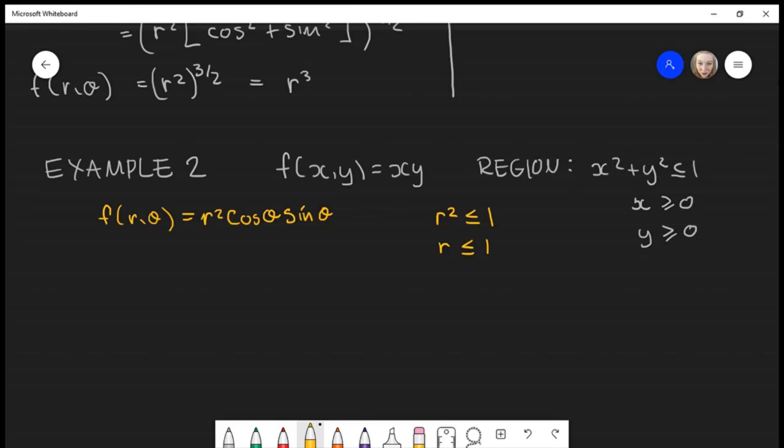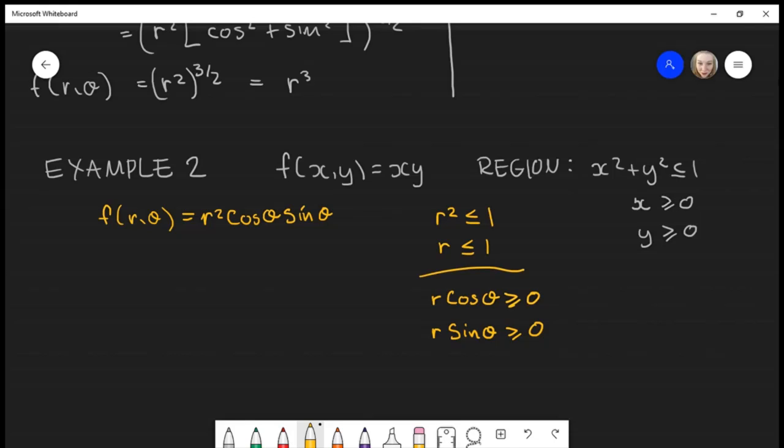x is greater or equal to 0 and y is greater or equal to 0. x is r cos theta, and r sine theta for y is greater or equal to 0.